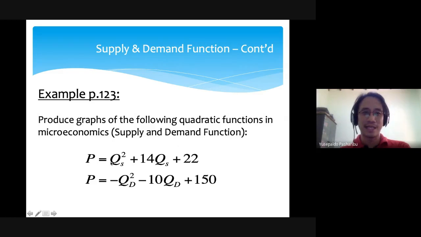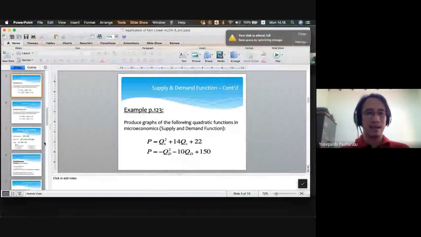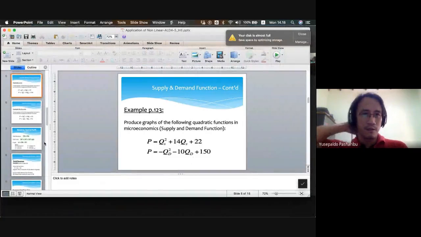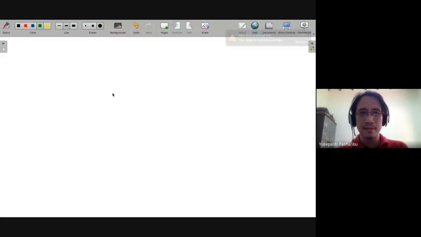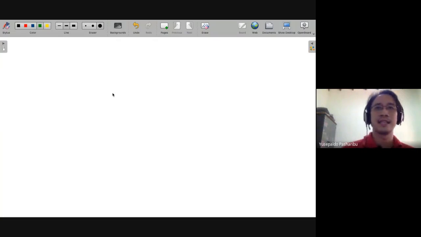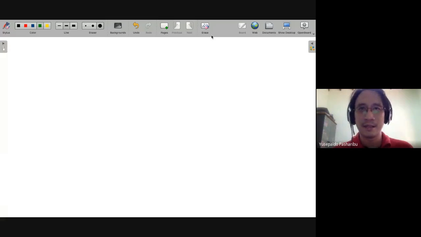The first one is P equals Q squared. Let's try to solve this parabola, part one of application of linear and part one of application of nonlinear in business and economics.